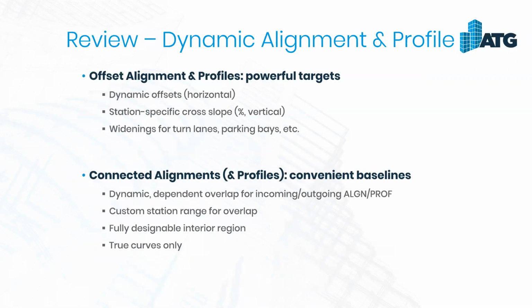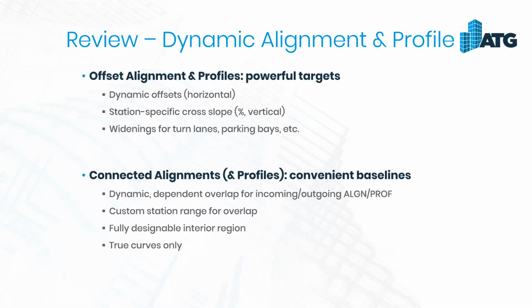For our cross slope on our profiles, we're going to be station specific, so we can add in various cross slopes along different stations of our profile. And it's going to maintain that percentage away from our parent profile. We do also get to put in widenings. These are really handy for turn lanes, parking bays, all kinds of different stuff. But again, they're going to maintain that dynamic association to the parent alignment and or profile.